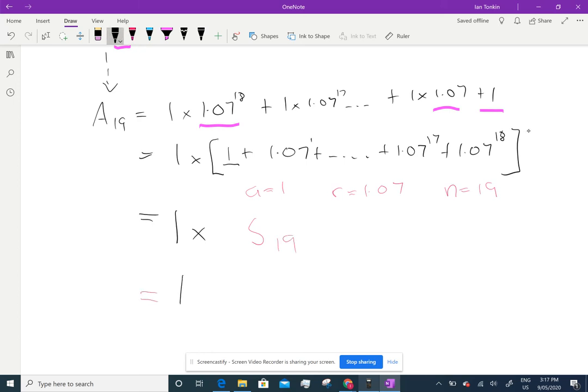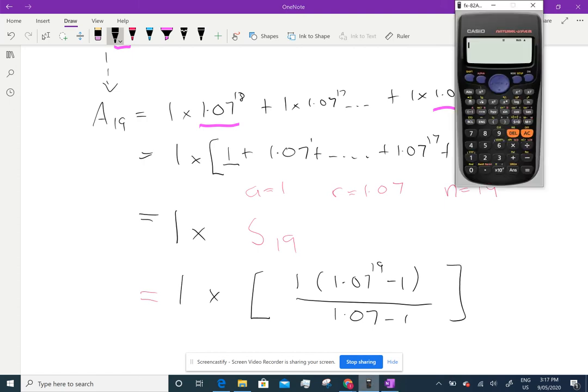So 1 times A1, 1.07 to the 19 minus 1 over 1.07 minus 1, away we go. So I don't need the 1 out the front and I don't need the 1 in front of the bracket, so I've just got 1.07 to the power of 19 minus 1 over 1.07 minus 1.